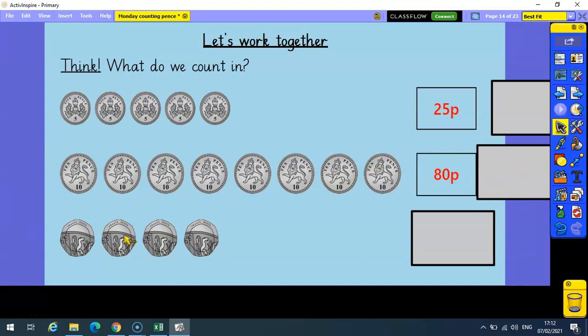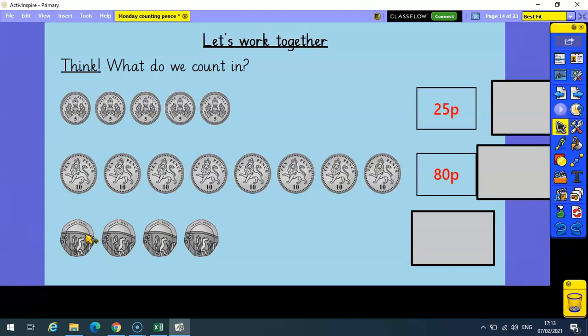Oh, this one's tricky. Right, who can remind me what's this coin? This coin is a 20p. That's right, 20 pence. So I can count in 20s. That is quite hard. So I've got a little trick for you. It depends if you find 10s or 2s easier.